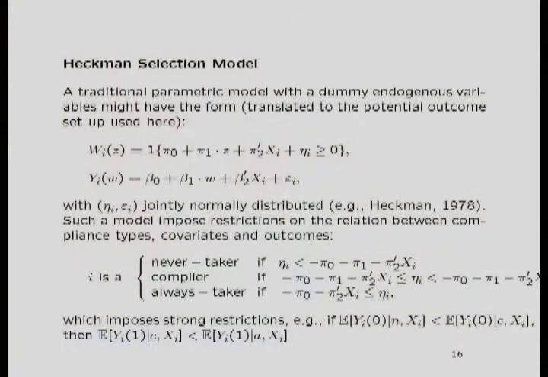One is the more traditional Heckman selection type setup, and so this is put in this potential outcome framework here. You can think of the selection equation describing the participation in the program, where you add the covariates into this latent index model, as well as an outcome equation where you add the covariates linearly as well.